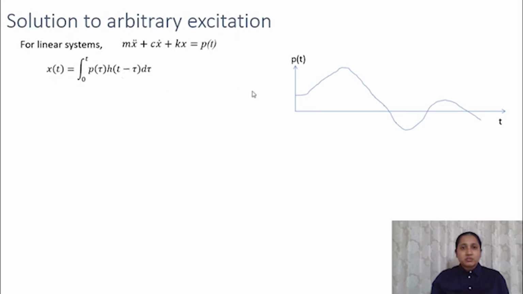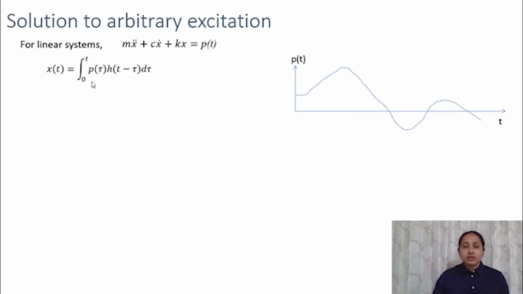So response due to this arbitrarily varying function can be found out as the sum of the responses due to multiple impulses. So if you evaluate this integral, we can get the response of the single degree of freedom system due to this force.